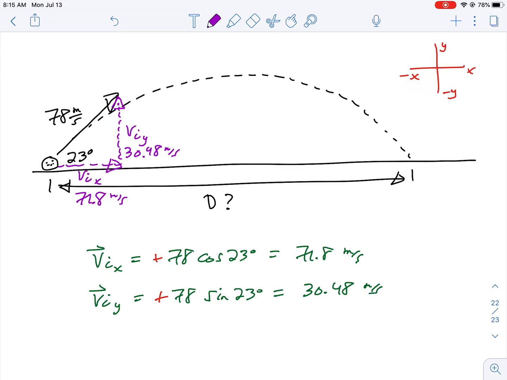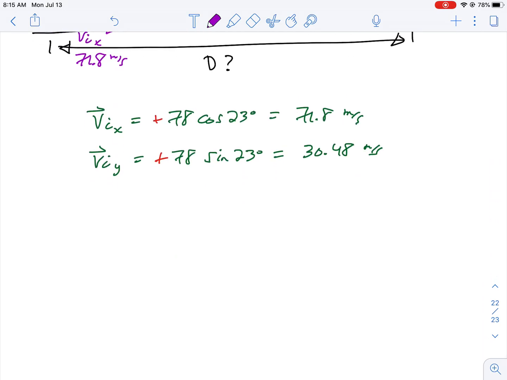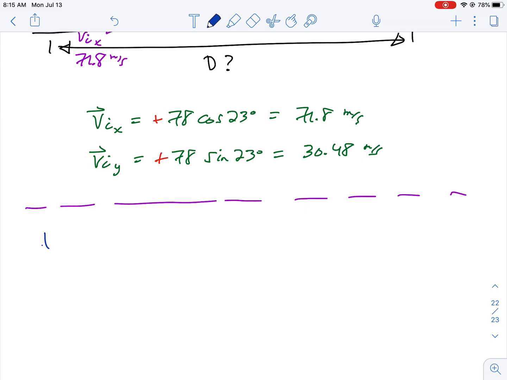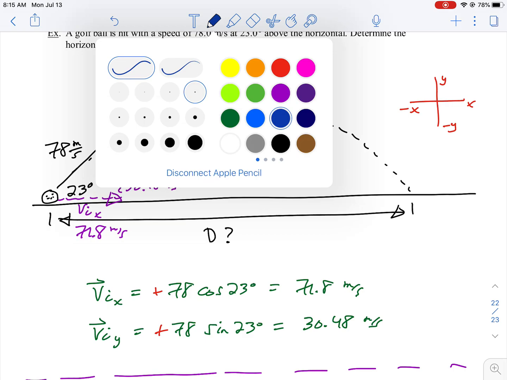Now, in order to solve this question, we're going to do a very similar strategy to what we did in the previous one. We're going to divide this up into horizontal and vertical. So let's start with horizontal, since that's kind of what we're looking for here. So remember, horizontally, we know the acceleration, and if you want to draw the acceleration on here somewhere, you're absolutely welcome to.